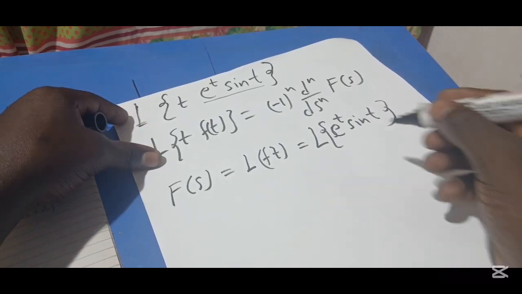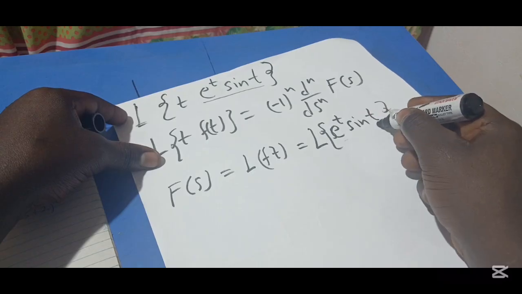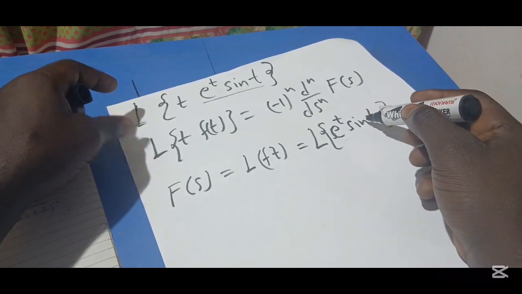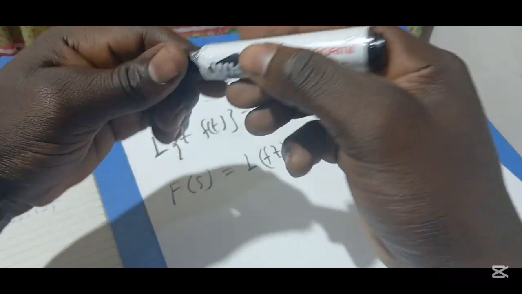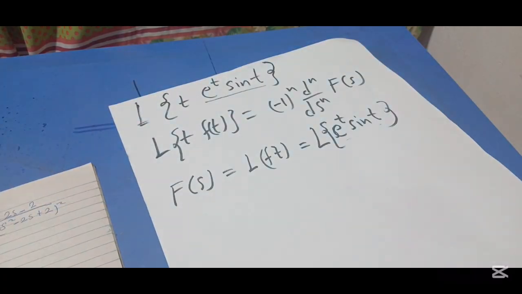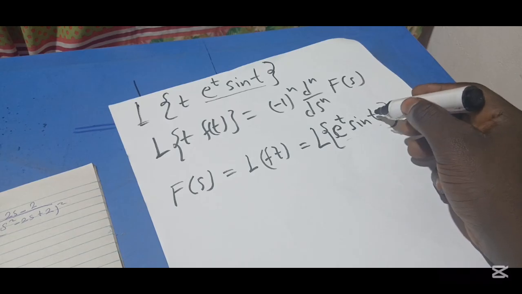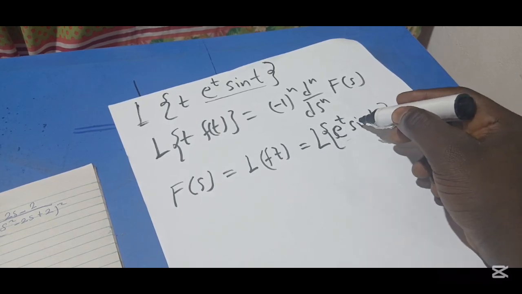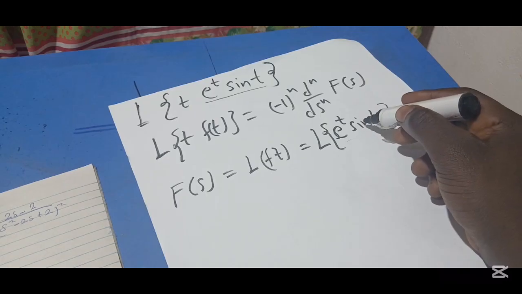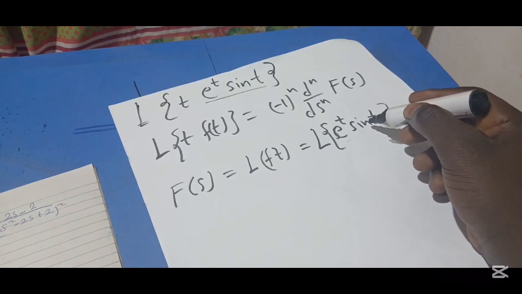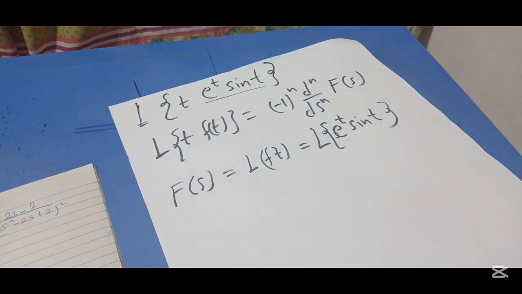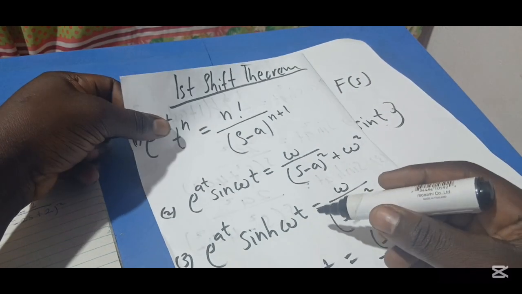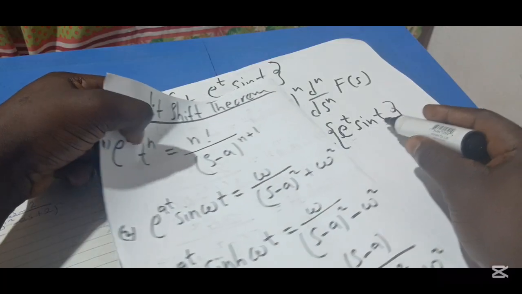This is from the first shift theorem, where we have an exponential function multiplying a sine function. So what we just do is write the Laplace transform for the sine function, leaving the exponential function. However, wherever we see s in the sine function, we replace it by s minus a. To cut everything short, this is what I'm talking about: we have e to the power something times sine something, right?